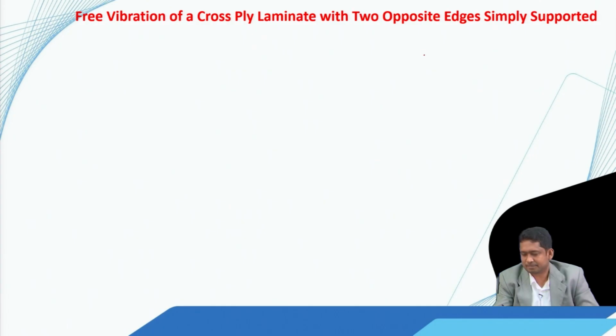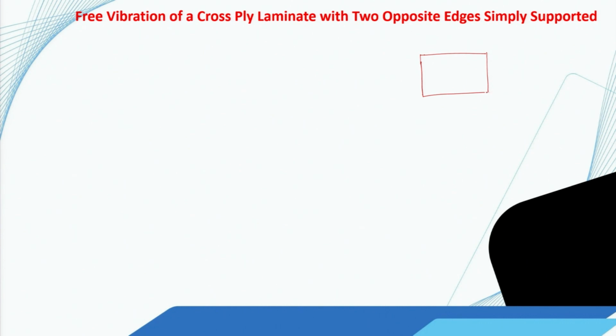So we have a laminate, and this laminate is a symmetric cross ply laminate. It is in X, Y, and we have two opposite edges simply supported. So this is simply supported, this is simply supported. This is dimension a, this is dimension b.